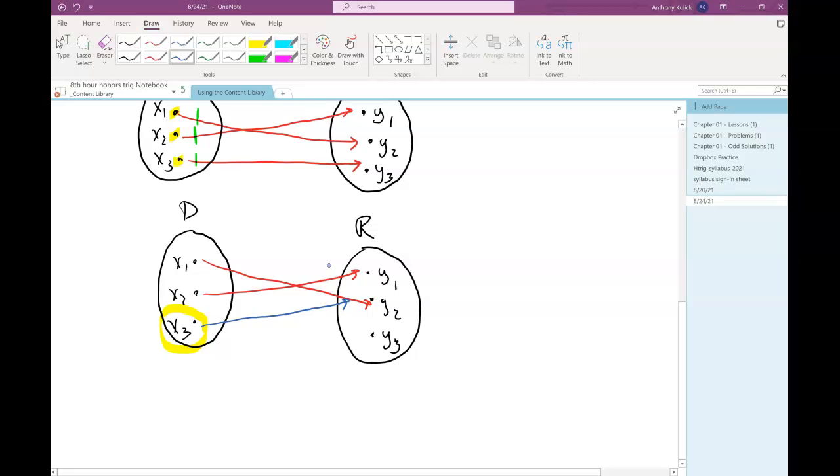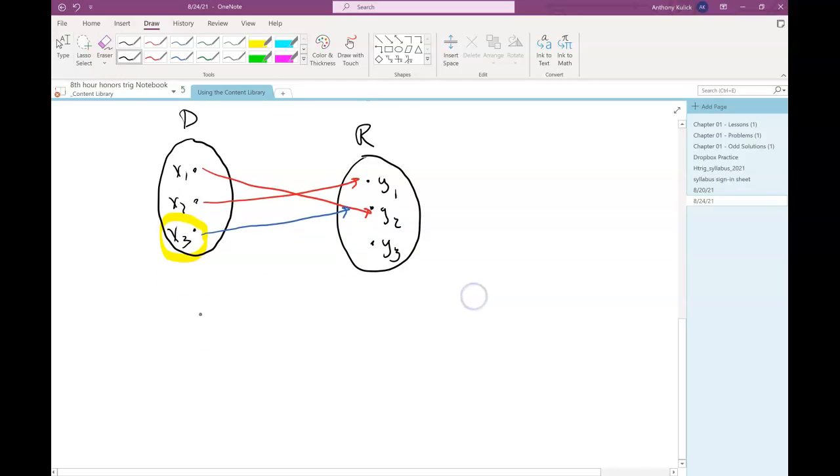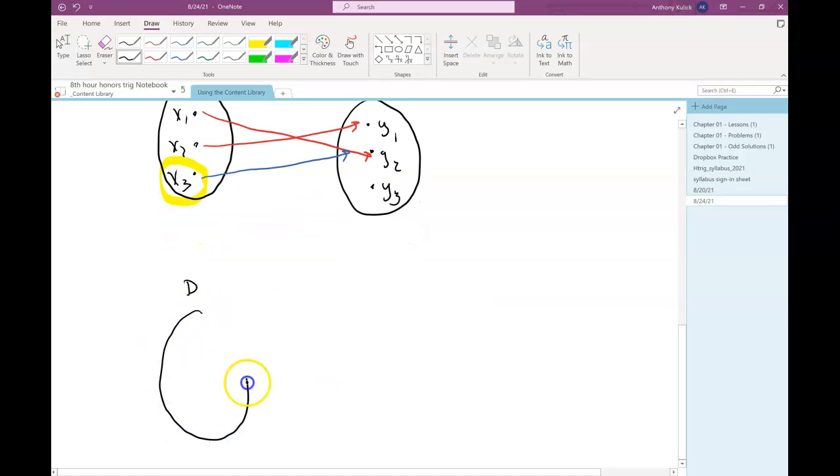Does it matter that we have a y that's unpaired? No. If you want something to be a function, all we care about are the domains, right? Okay. So again, that blue mark is just hypothetical, just to illustrate the difference between an example that is not a function and an example that is a function. Like what change would I need to make? You know what I mean, guys?